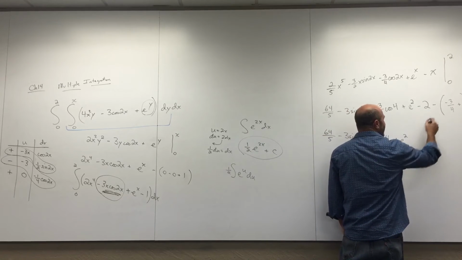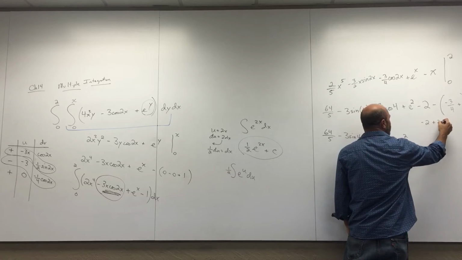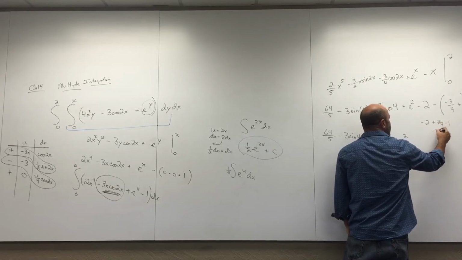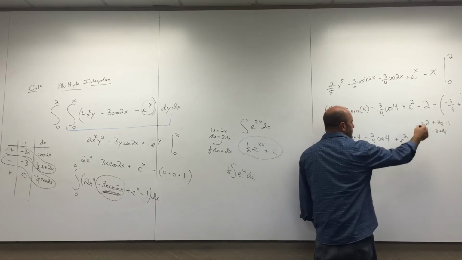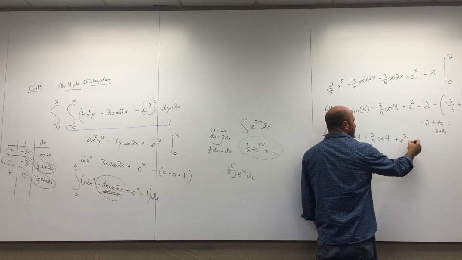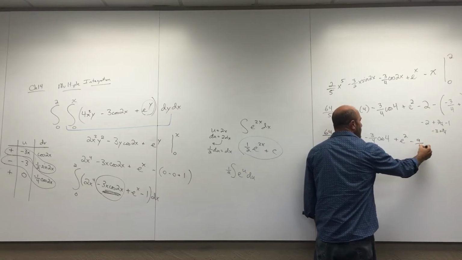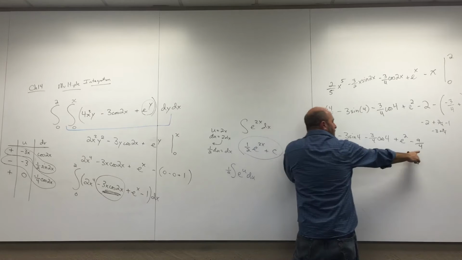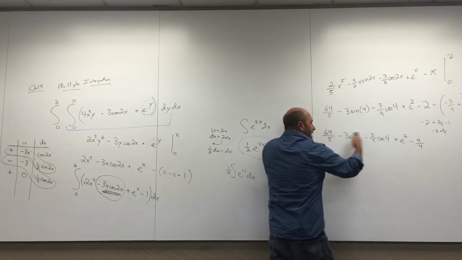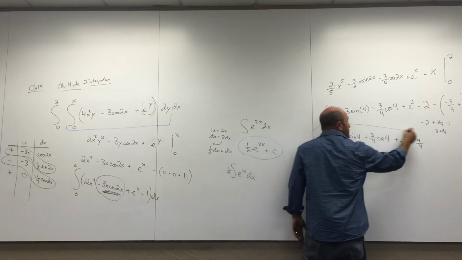Hang on, I'm going to add this up. Minus 2 plus 3/4 minus 1. That's a negative 3 plus 3/4. That's negative 9/4 is what that is, I think. I guess I could get a common denominator. I do have 2 numbers here I could add up. I can't really, this is my exact answer.